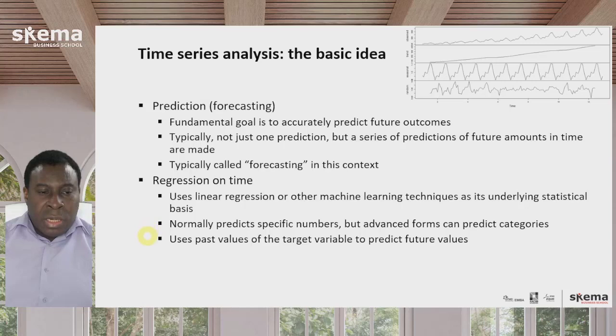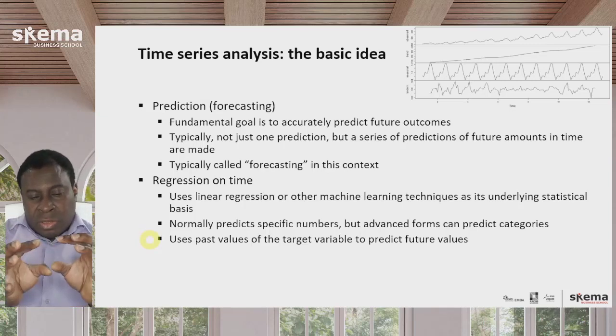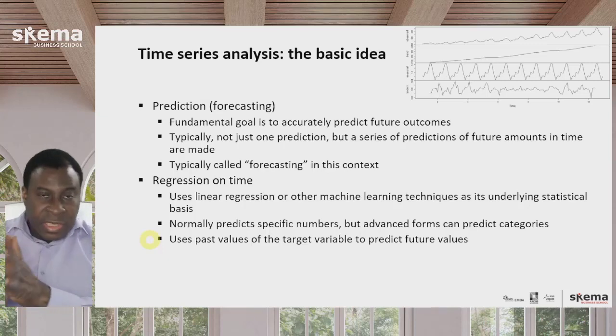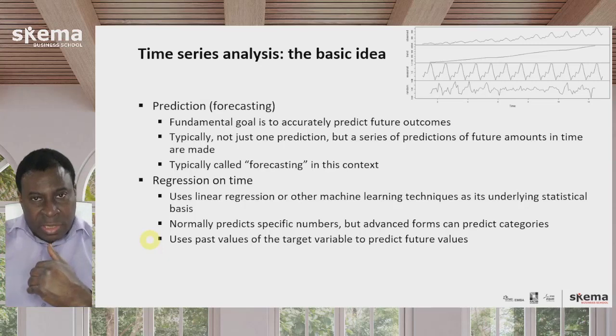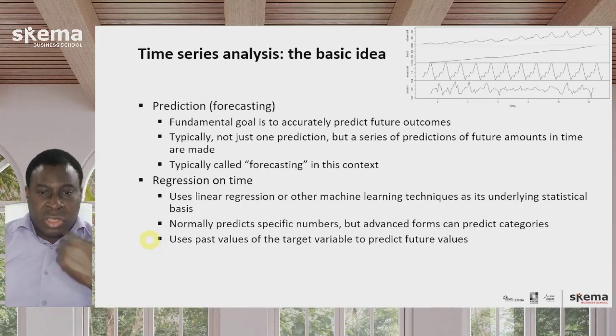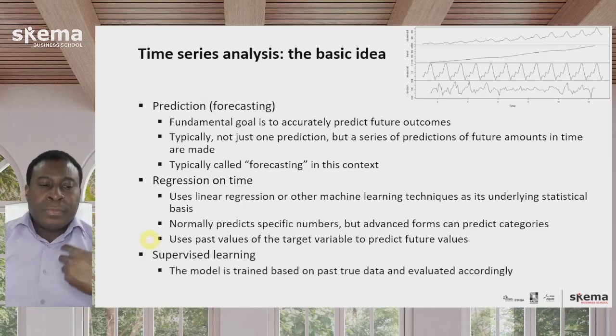The key element of time series analysis is that it uses past values of the target variable to predict future values, rather than the other values in the same row to predict the target value. It uses past values of the target to predict itself in the future rows.